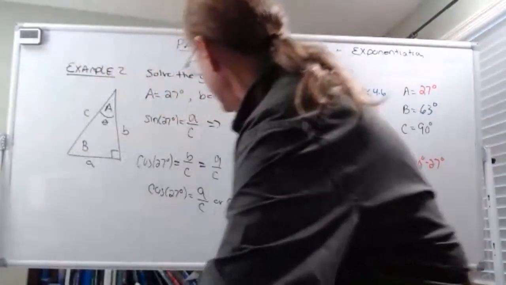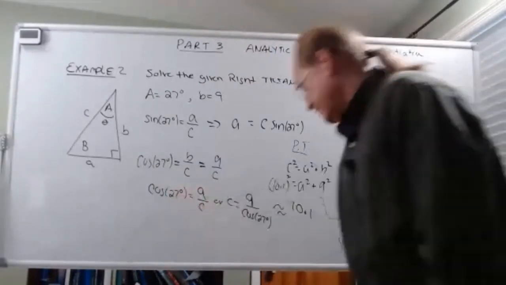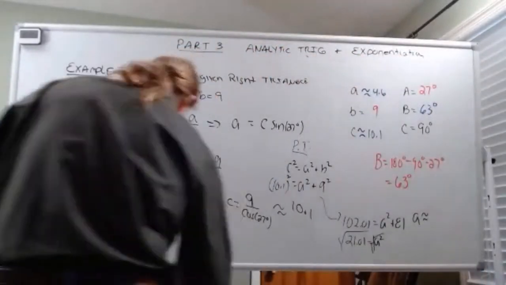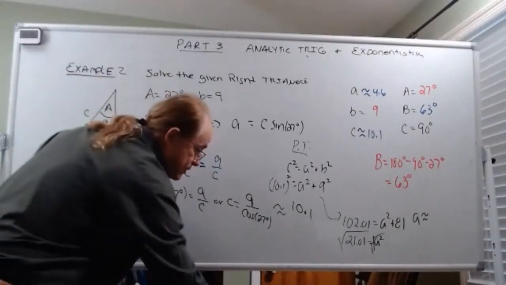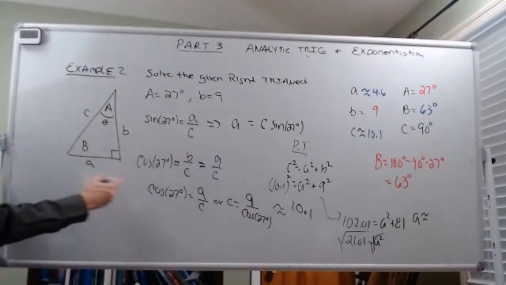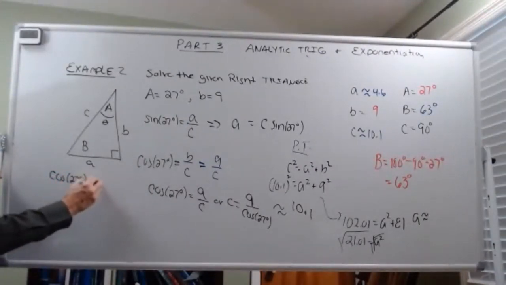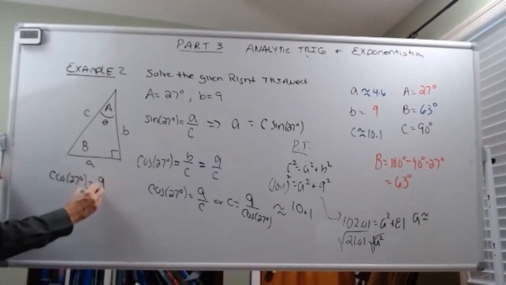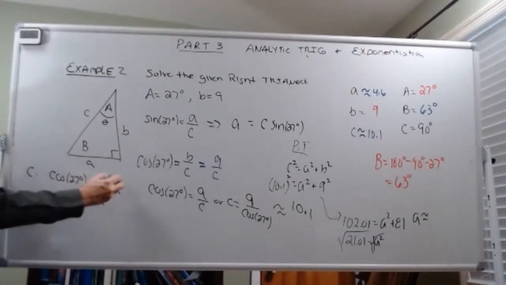Well, how do I get C by itself over here? Let me just show you this. This is the basic algebra that you should be coming to the course with. So I'm solving this equation. Cosine 27 degrees is 9 over C. So I multiply both sides by C. The C's cancel out.